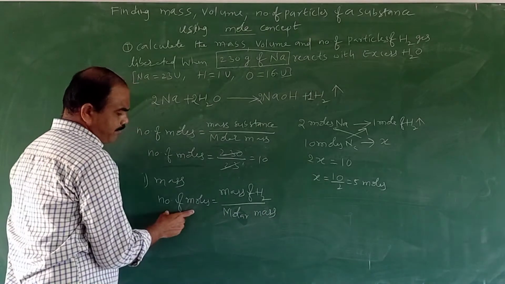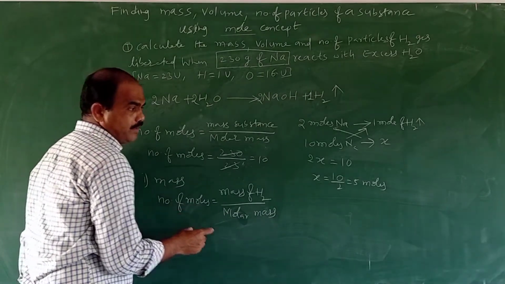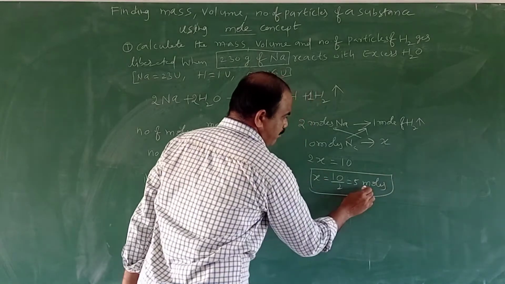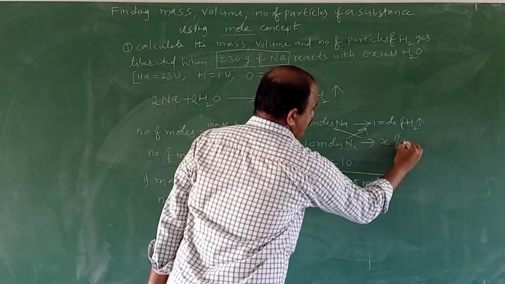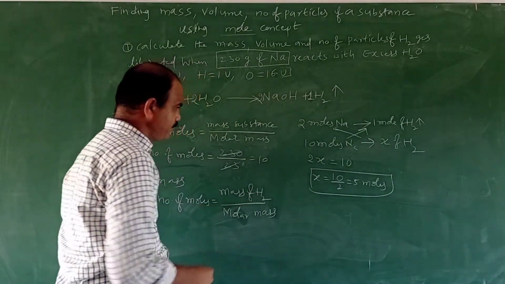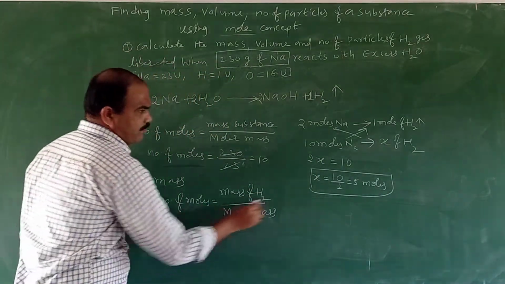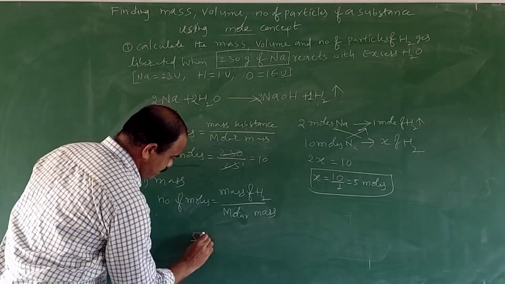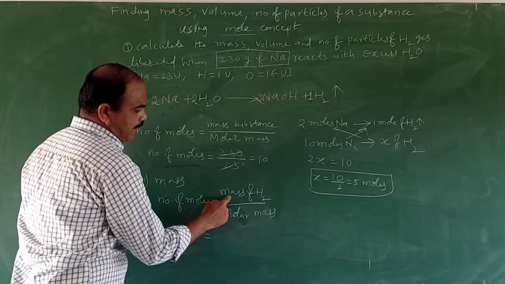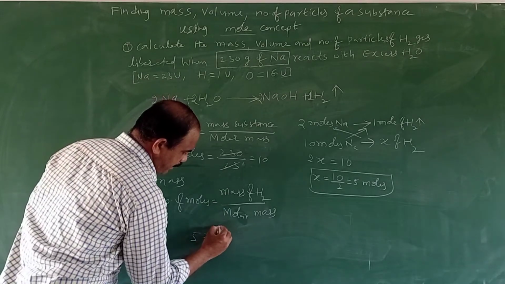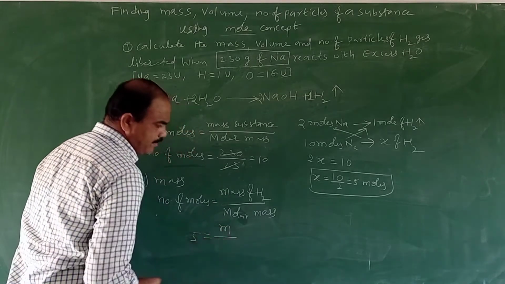How many moles of hydrogen gas are liberated? 5 moles, if 10 moles of sodium participate. So 5 equals the mass, which is unknown, that will be considered small n, divided by the molar mass.